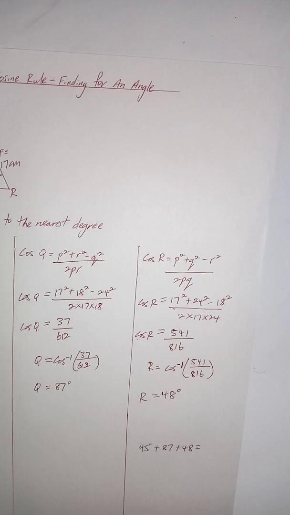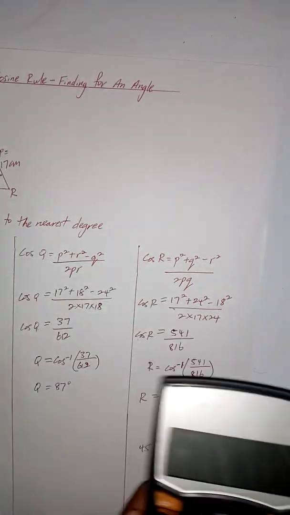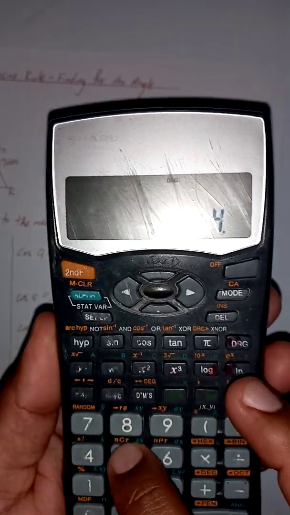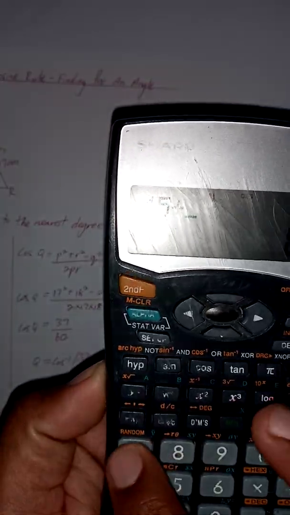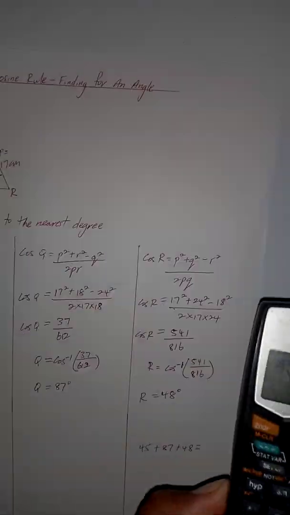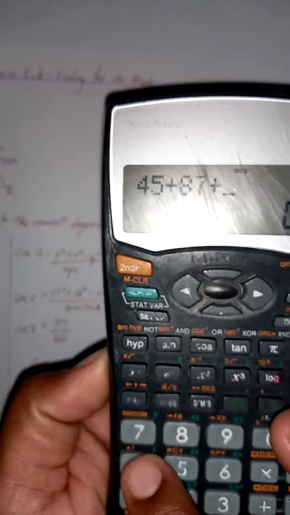Okay. Now let us add the angles, 45 plus 87 plus 48, and see if we get 180. Let's see. 45 plus 87 plus 48.